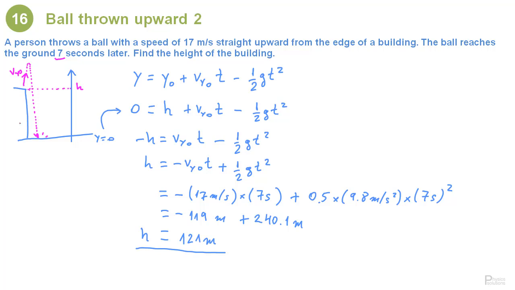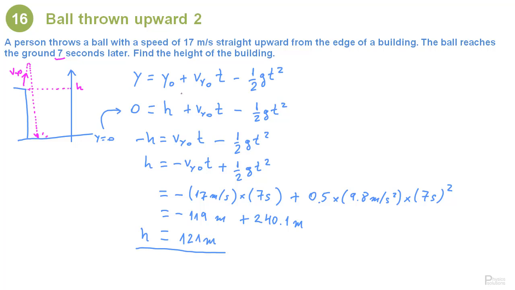In this exercise, we knew the initial velocity of the ball that was thrown upward, and we also knew the total time that it took for the ball to hit the ground. Since we knew that the time was involved, we used the formula that tells us the height of the object at any given time.